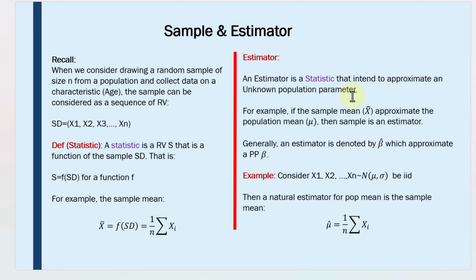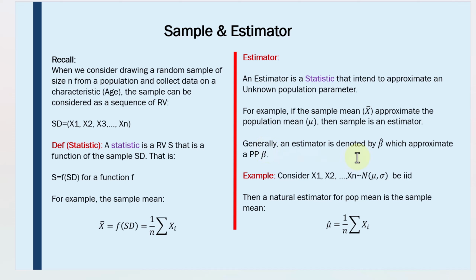If we have data from all population members, then we would be able to calculate it. Since we don't have data from the entirety of the population, the population parameters are unknown, and what we are trying to do using sample data is to find an approximate value, or estimate them, using sample data.